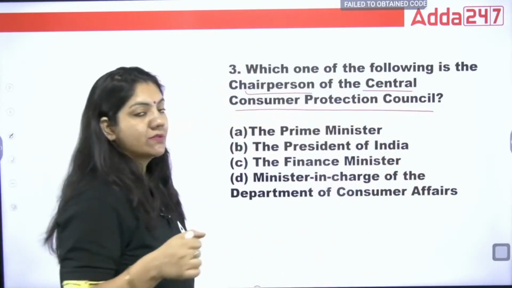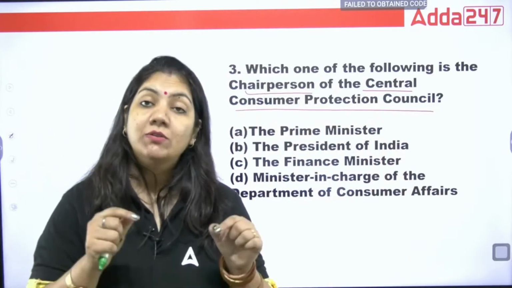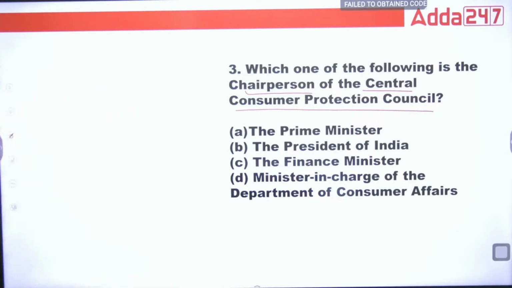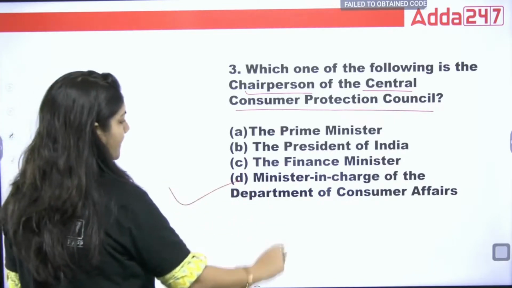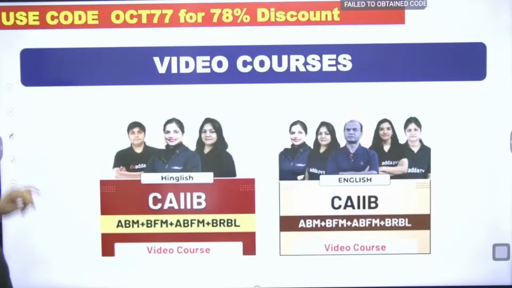So it may be possible that the chairperson of the State Council or the District Council can also be asked. So please do not forget to remember. For this, D is the right answer. Okay, D will be the right answer.